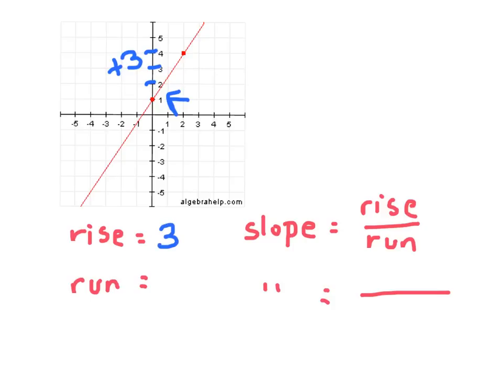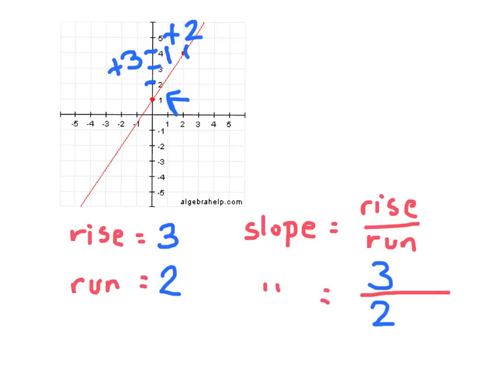Then I would have to go from x equals 0 to x equals 2, that's plus 2 in the x direction. So our rise over run would be 3 over 2. That would be our slope, and that would be our growth factor.